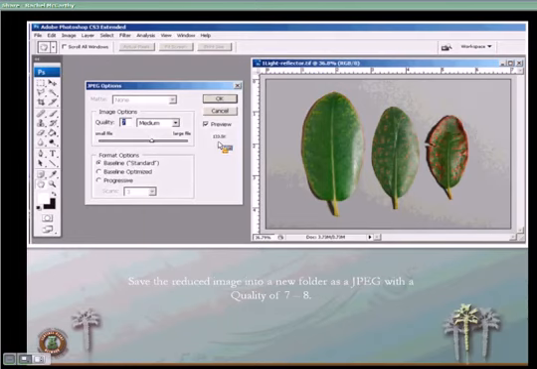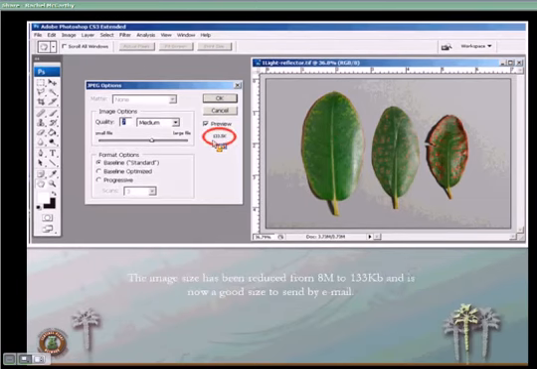Originally this file was about 8 megabytes, and now it's only 133 kilobytes. So it'll be much better for emailing this into the diagnostician. There we go, so it's quite a bit smaller now. Probably about 60 times smaller than the original file.